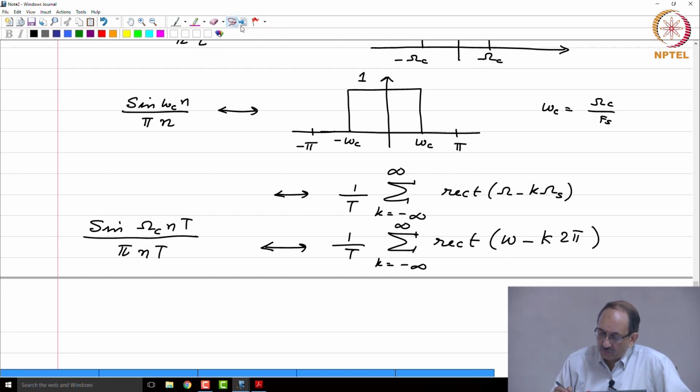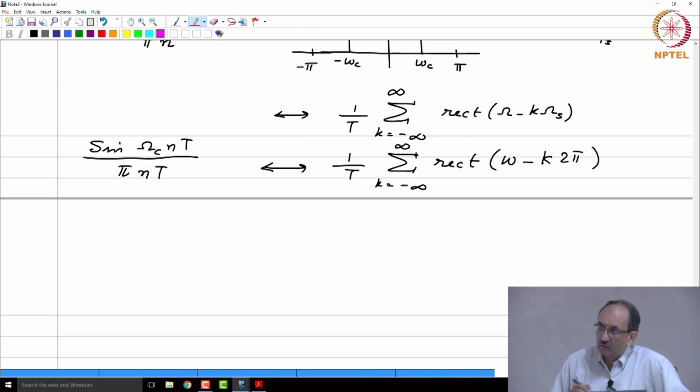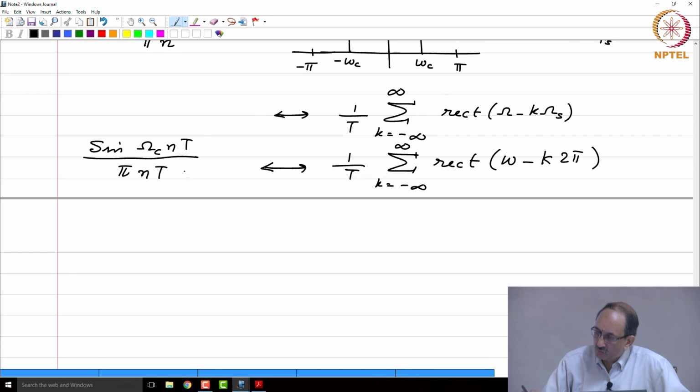What I have done in this step, going from here to here, is scale by 2π, and this should correspond to the discrete time Fourier transform of this sequence. This sequence is obtained by taking samples of the underlying continuous time function T apart, and notice that these two terms get cancelled, and hence you have sin(Ωc/Fs n)/(π n).